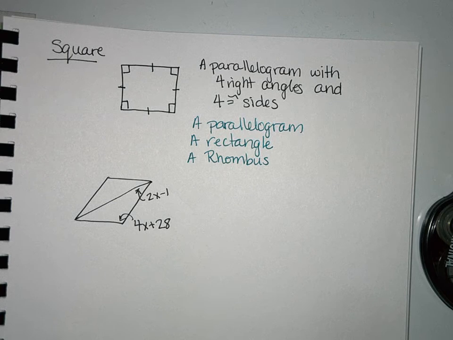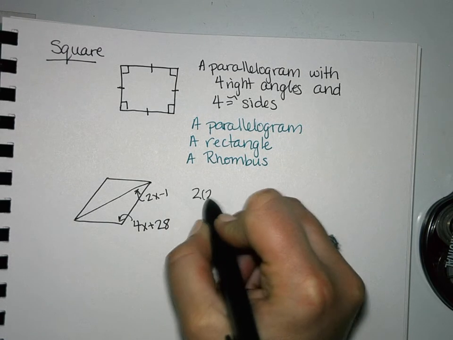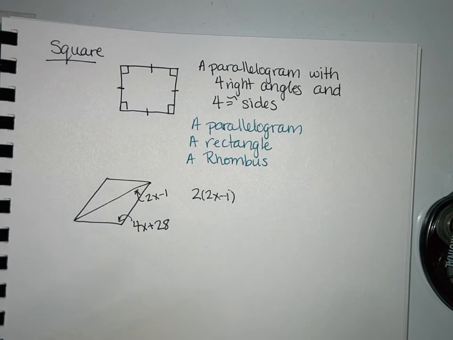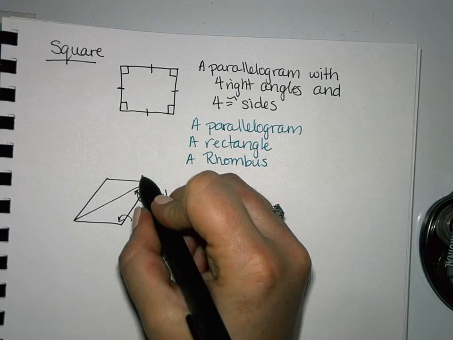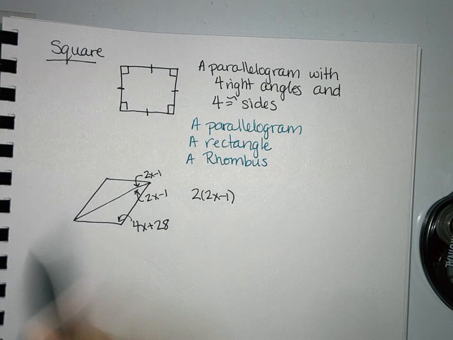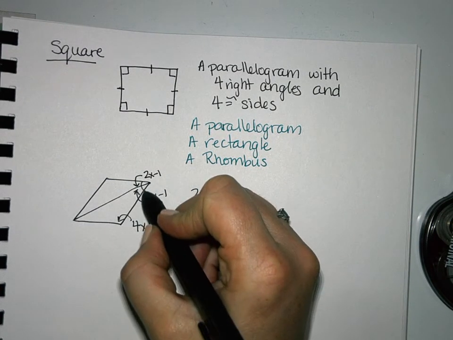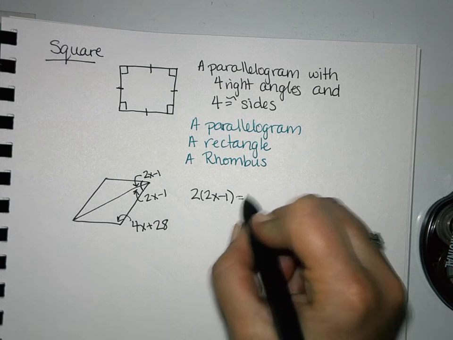Could you go 2 times 2x minus 1 plus 4x plus 28 is equal to 180? Yep. Okay, so what Kendrick was saying is he was saying to double 2x minus 1. By doubling 2x minus 1, you're using the property that the diagonal bisects the angle. So this entire angle is going to equal 4x minus 2.